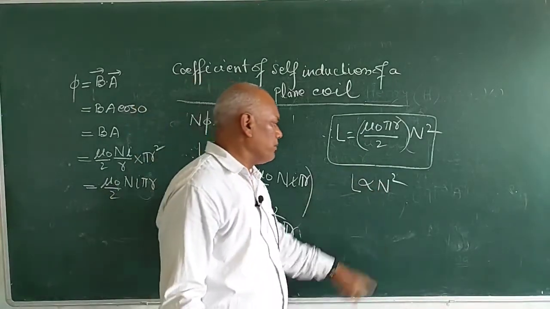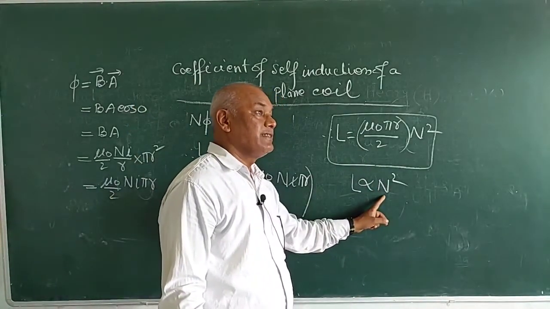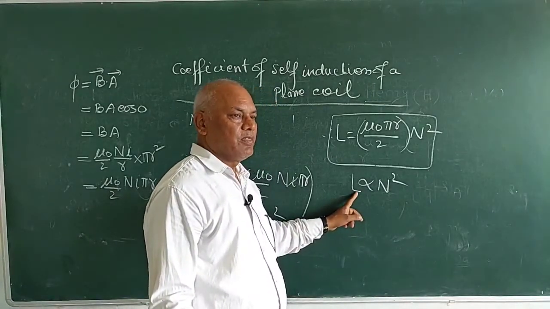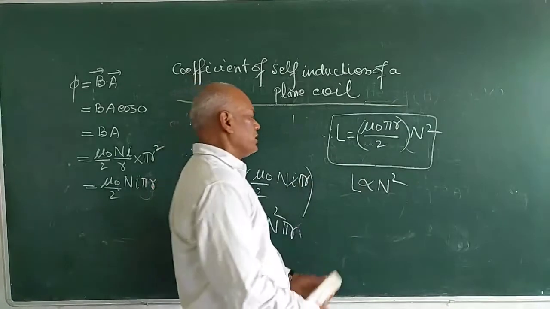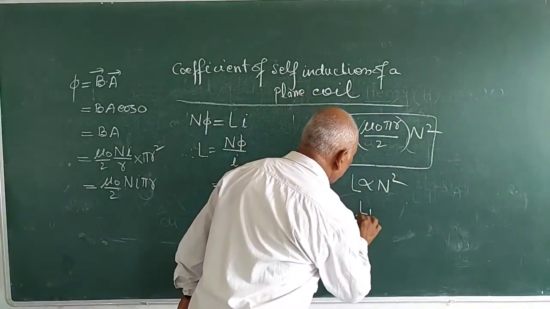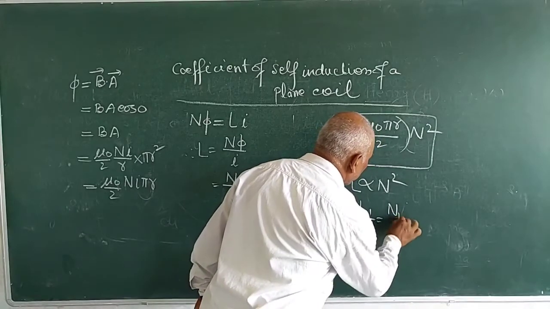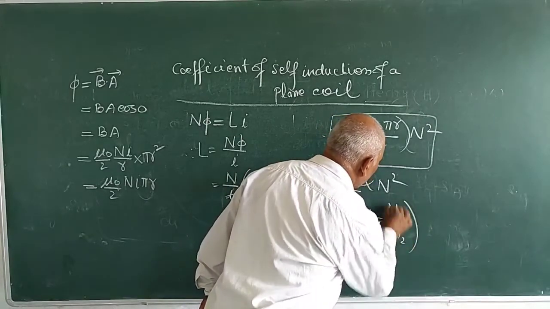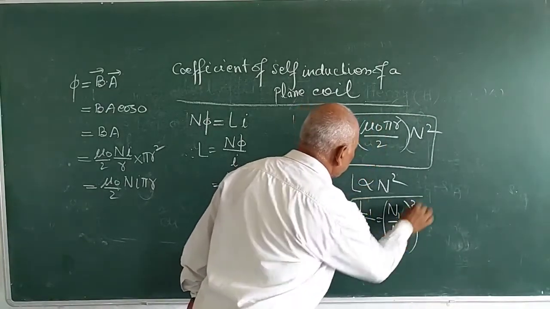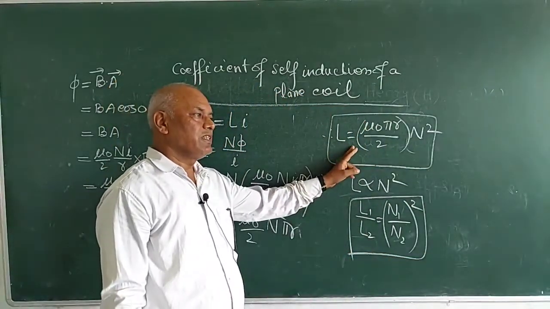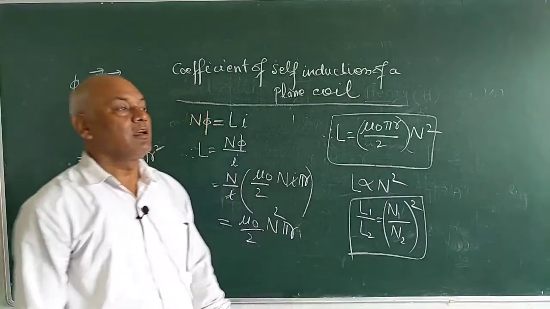For example, if number of turns increases twice, then this becomes 4 times. So we can say that L1 by L2 is equal to N1 by N2 whole square. So this is the formula to find out coefficient of self-induction of a plane coil.